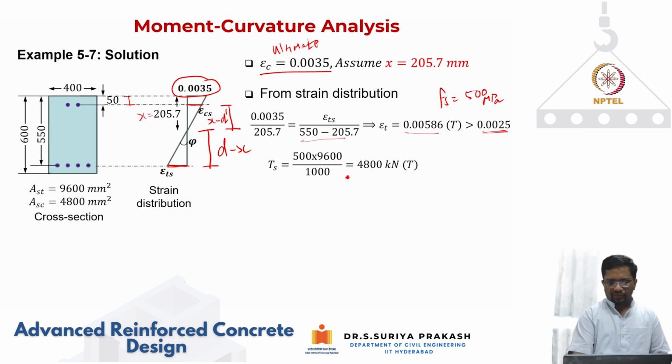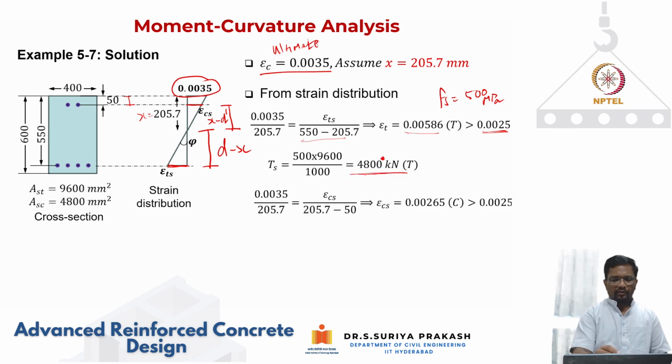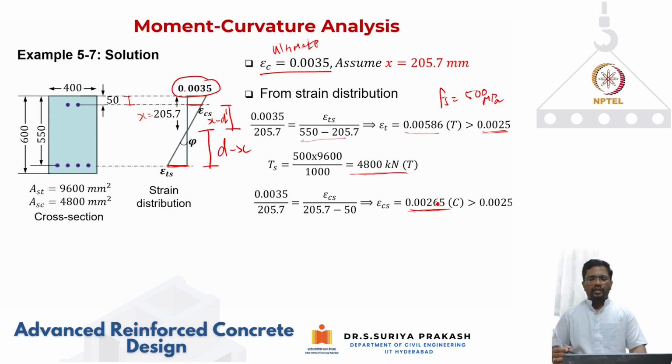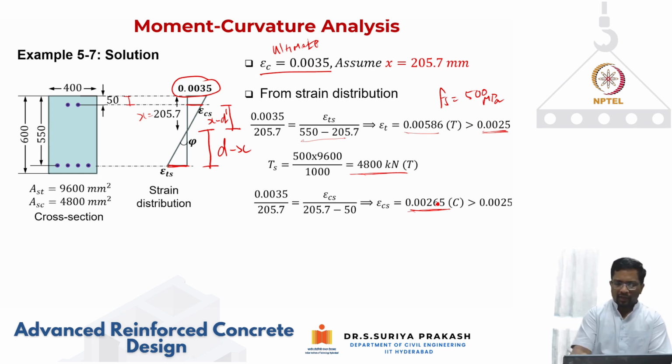So the tension force is going to be 4,800 kilonewton. Now the compression steel strain, again I can calculate, is 0.0065. So you see in this case also the compression steel has just yielded. It has gone beyond 0.0025.